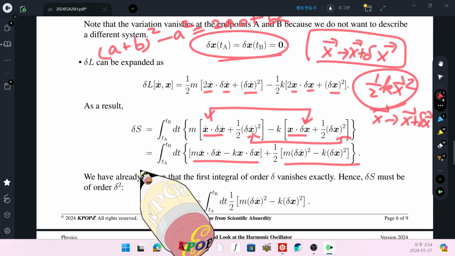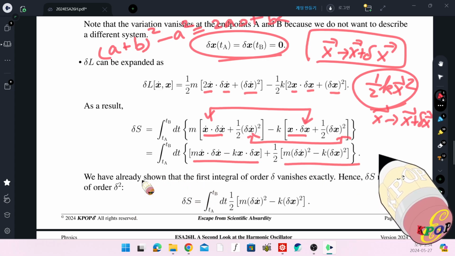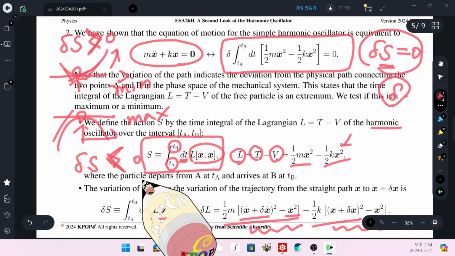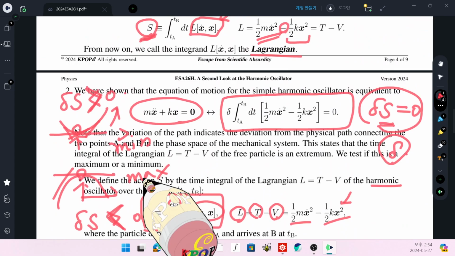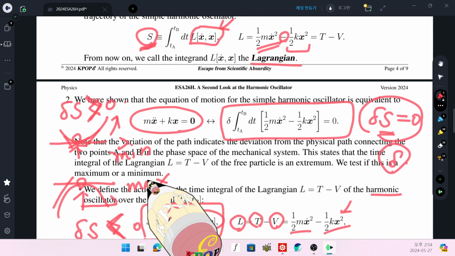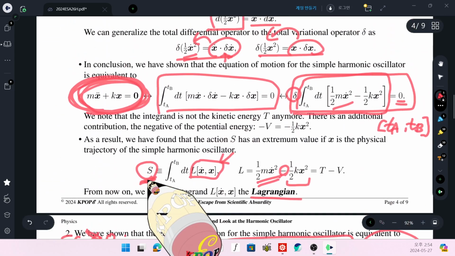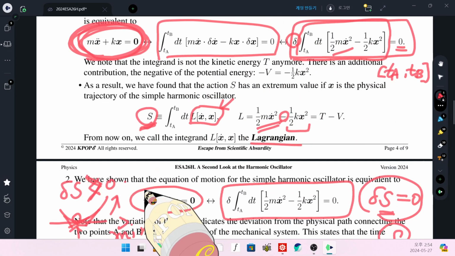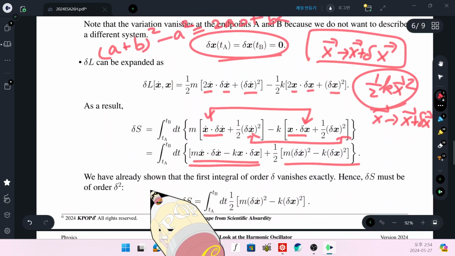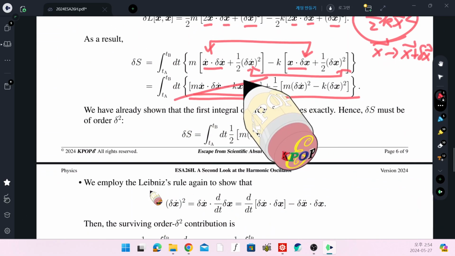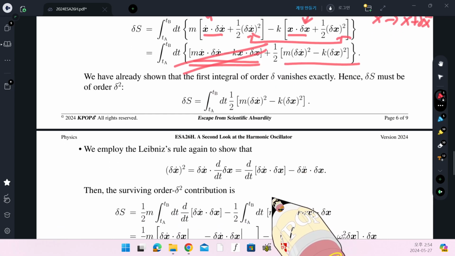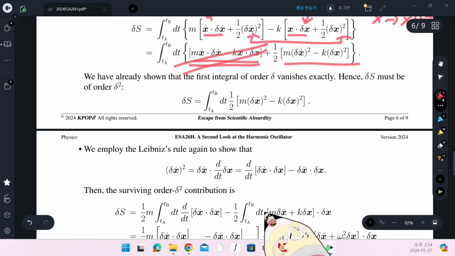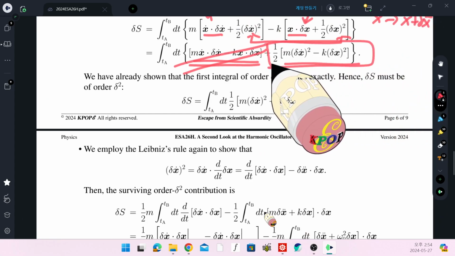We remember that for the physical path, the leading contribution, that is order delta, vanishes. Therefore, we can remove the first contribution explicitly. Now we are ready to attack the second order contribution in delta.